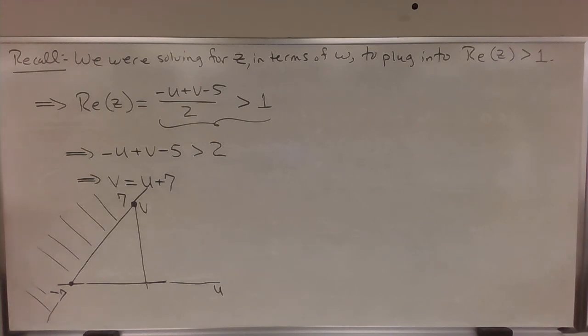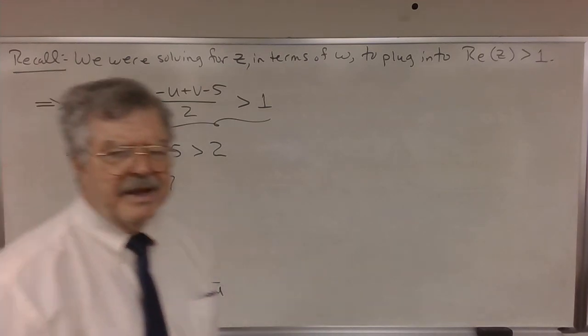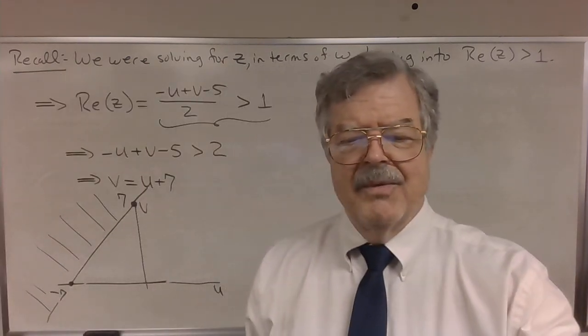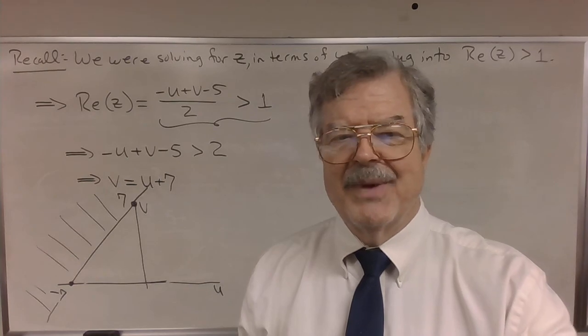So there's the transformation of our region. I thought this way would be easier. Now I'm not quite sure. Well, I've got some homework for you. You were waiting for that, weren't you?